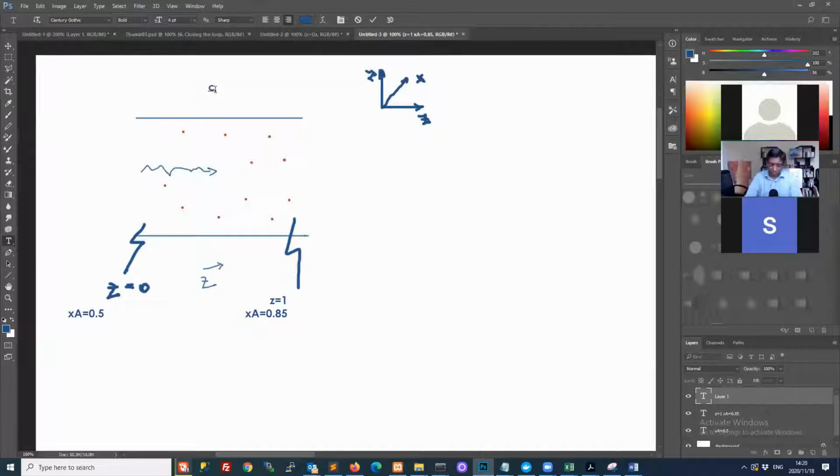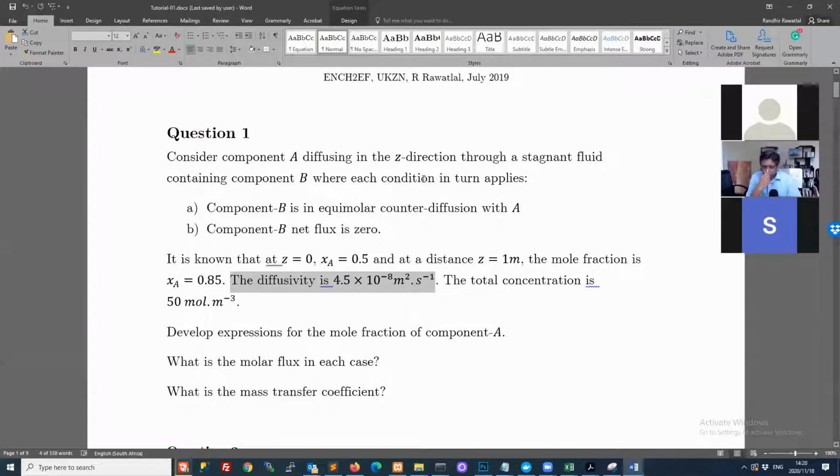So just to make that note, C equals 50 moles per cubic meter. Okay, so that's the situation. And we are asked to develop expressions for the mole fraction of component A. What's the molar flux in each case? What's the mass transfer coefficient?